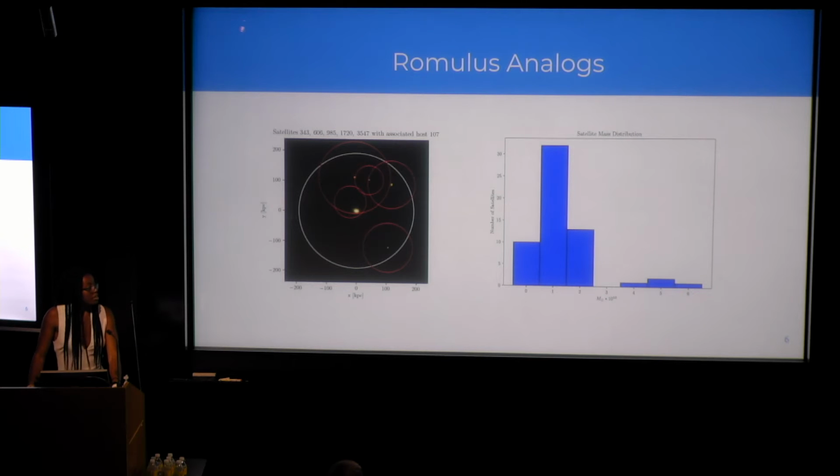Romulus can't really find dwarf galaxies that are smaller than 10 to the 7th solar mass. So this is where the zoom analogs come in handy because they can locate and image dwarf galaxies, which are faint and ultra-faint dwarfs.